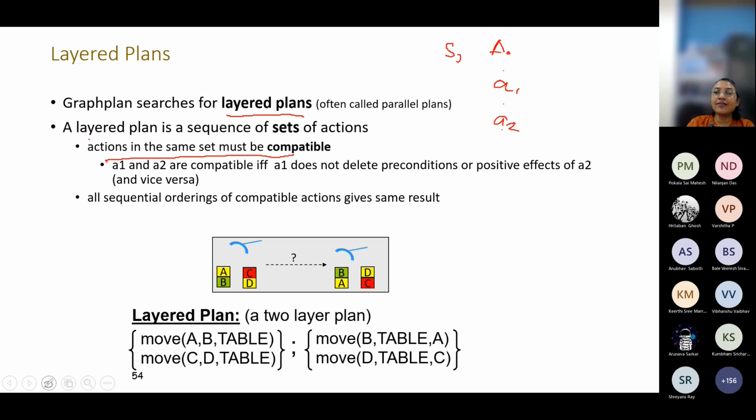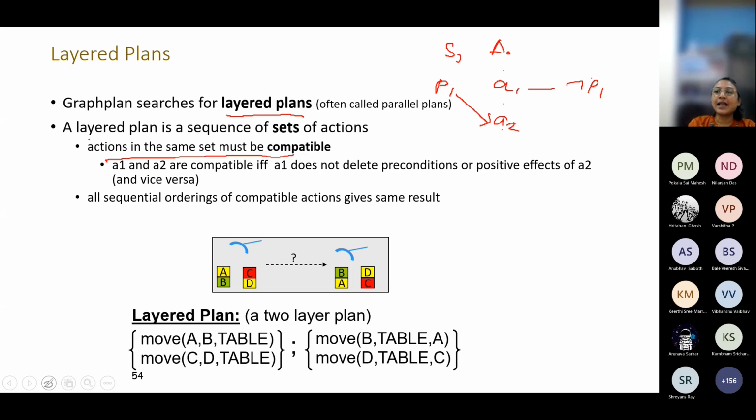Suppose A1 has a precondition P1 and suppose A2 deletes P1. Then A1 and A2 are not compatible. You cannot take A1 and A2 simultaneously, because after you take A2, P1 will be deleted.